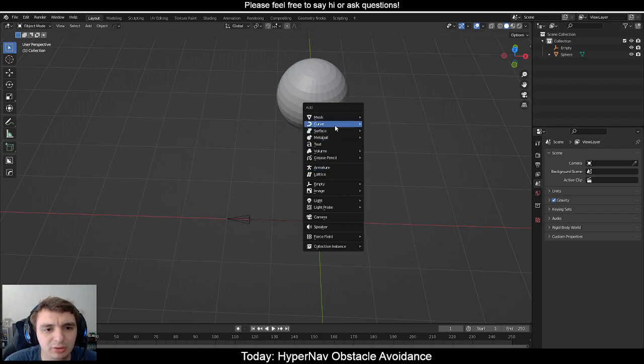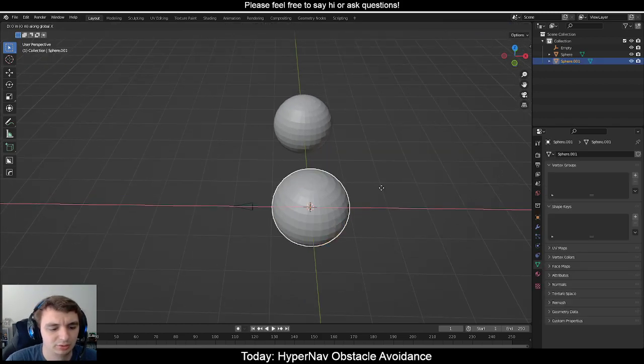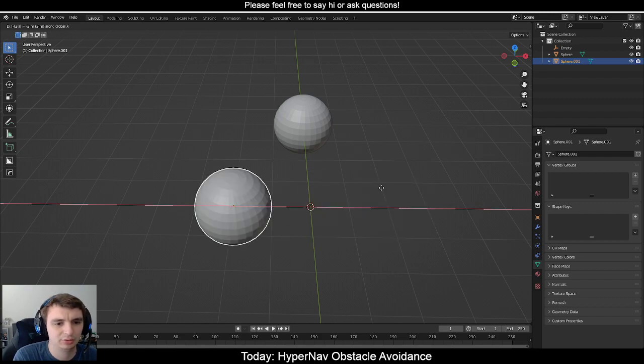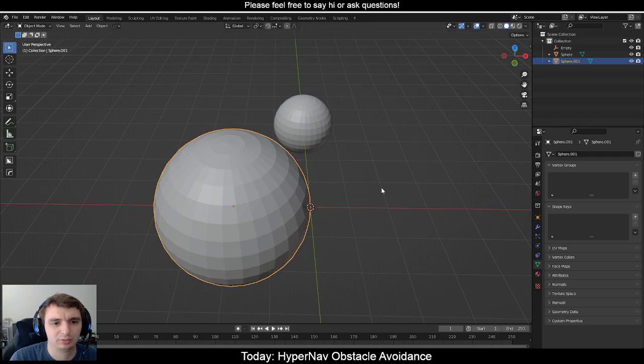Then we need to create a sphere again. X2, -2. Ooh, S2.